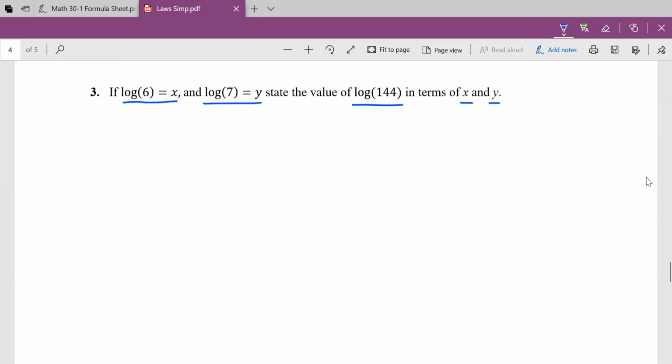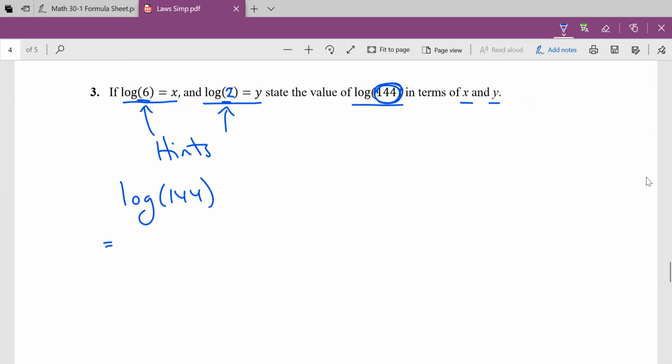The first thing I'm going to note is that this thing here shouldn't be a 7, it should be a 2. The second thing I'm going to note is that I'm going to try to break 144 up into 6s and 2s. I call these two things my hints. So watch what I'm going to do. I'm going to say log 144.